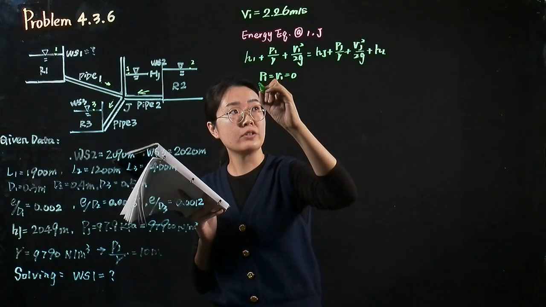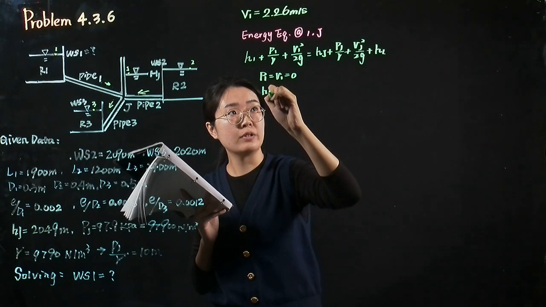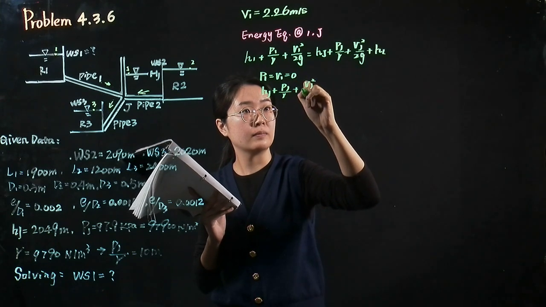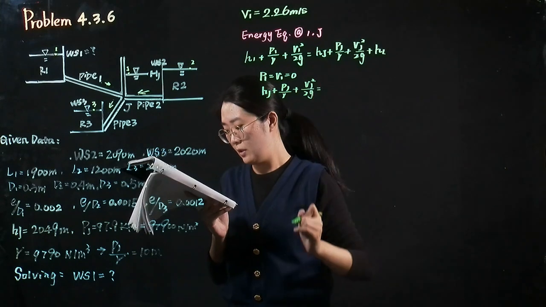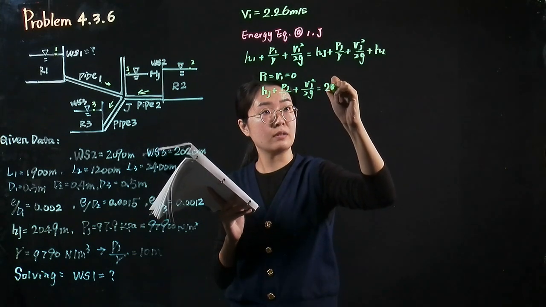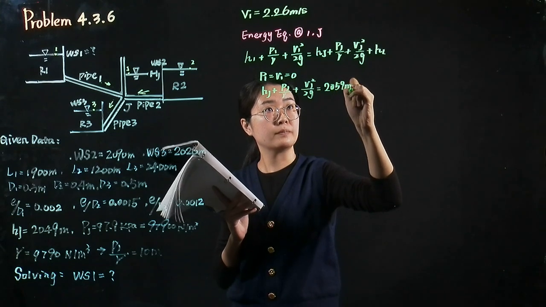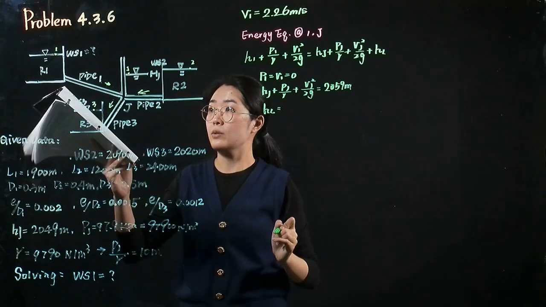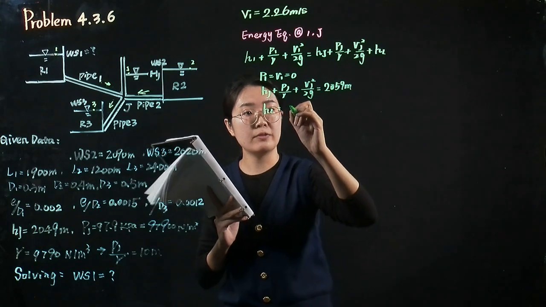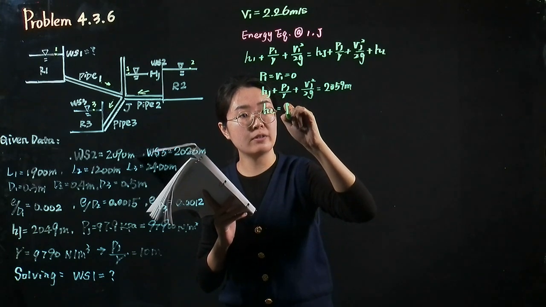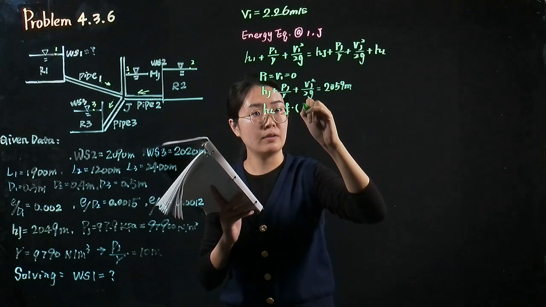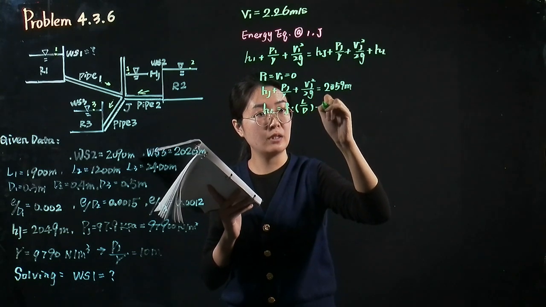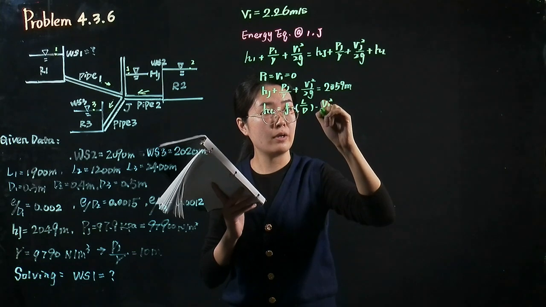And because the total energy at the joint J we just calculated equals 2059 meter, and the head loss from the reservoir 1 to the joint point equals the friction loss given by the Darcy-Weisbach equation, the friction factor times the length over diameter times V1 squared over 2g.